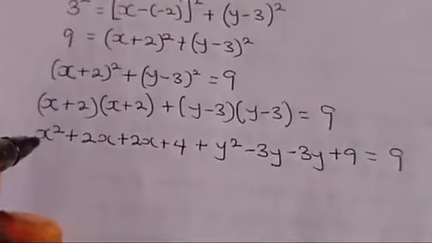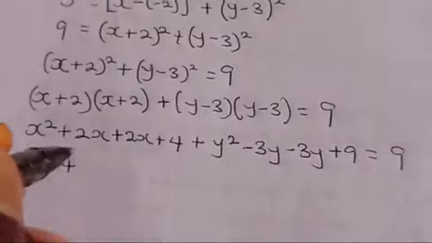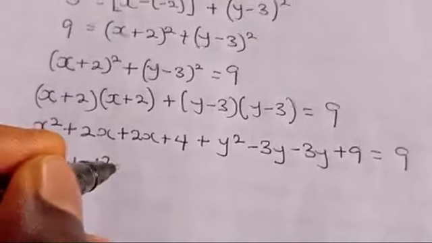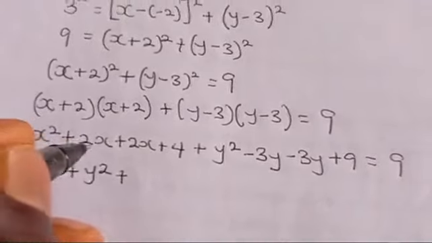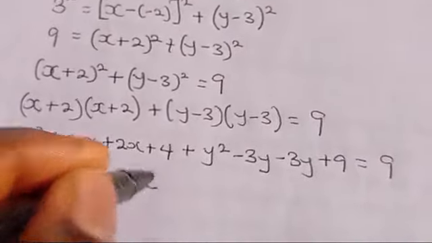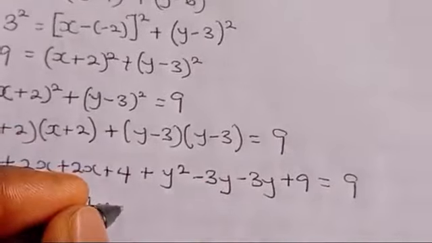So over here we have x squared plus y squared plus 2x plus 2x, we have 4x. Now minus 3y minus 3y, we have minus 6y.